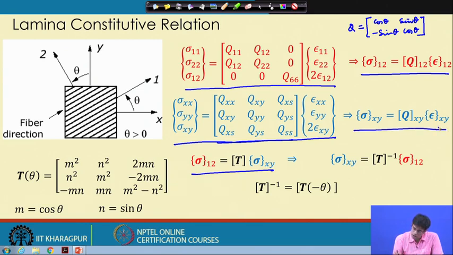Now if you want to find out stress at the xy component, you have to invert it. This inverse is very simple. If you substitute minus theta, T inverse is T of minus theta. Essentially theta is positive here, theta is greater than 0. So minus will be minus sin theta, cos of minus theta will be cos theta.